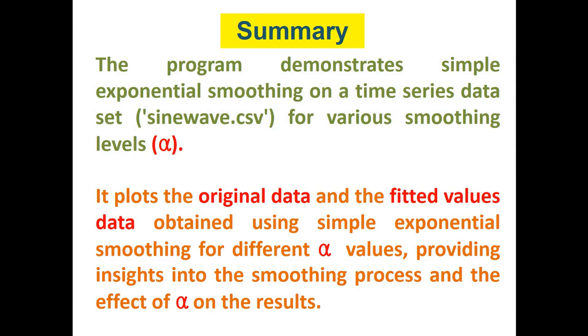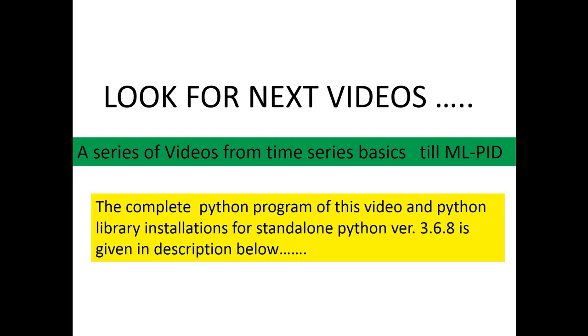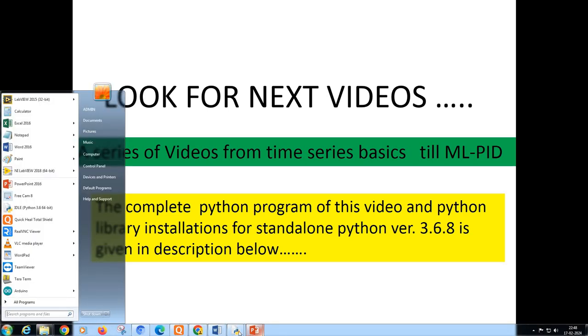Now the summary: the program demonstrates simple exponential smoothing on a time series dataset, that is sinewave.csv, for various smoothing levels. You will have more such videos, and the program is also given in the description.